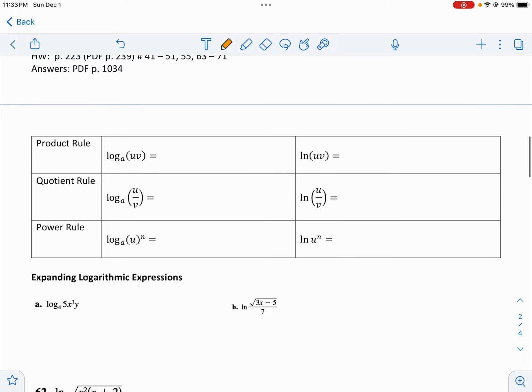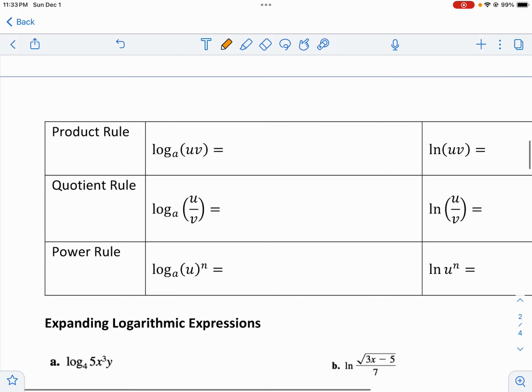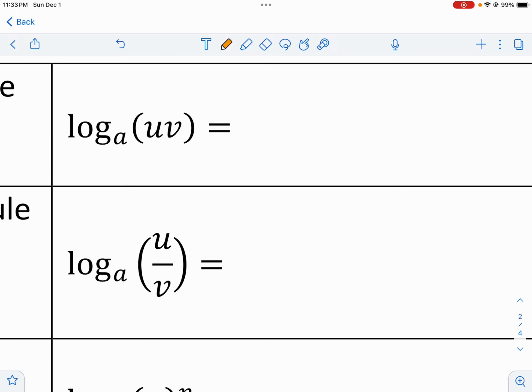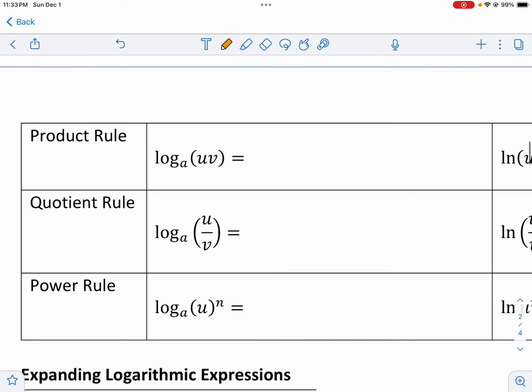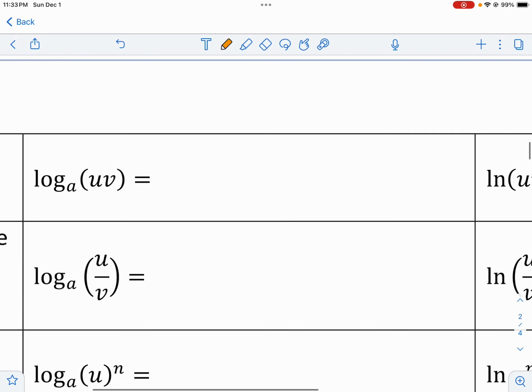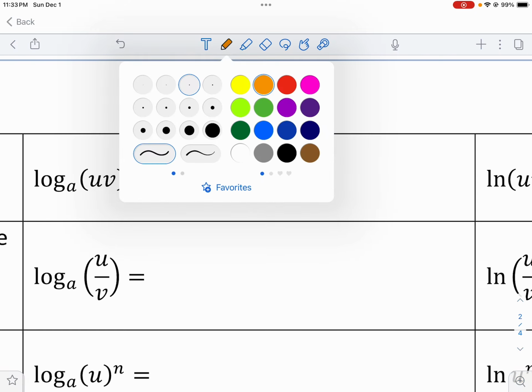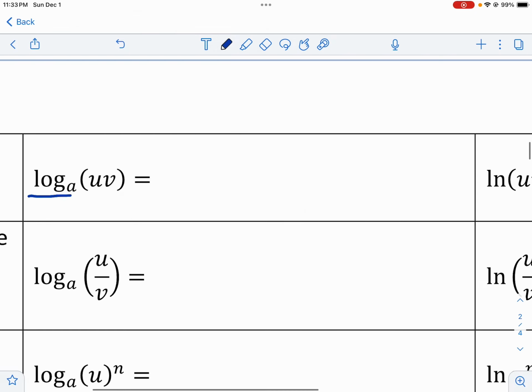There's a couple of rules of logs. They're actually pretty simple. The product rule is, we call it expanding. The idea is if I take a log with two things being multiplied, how can I rewrite this? So if there are two things in here, that means I'm going to have two sets of logs if I'm expanding.